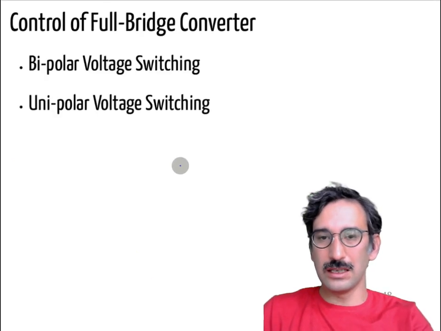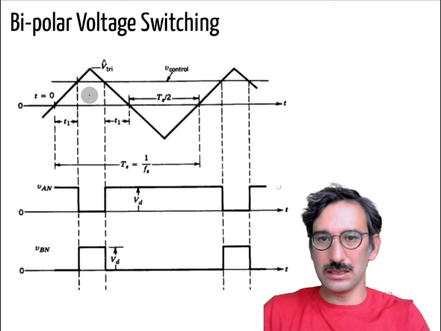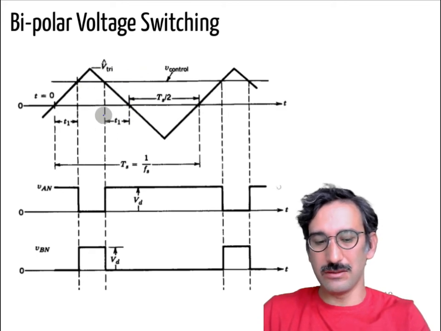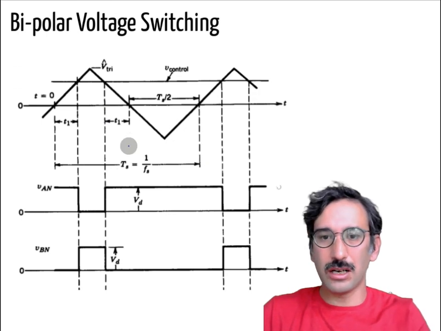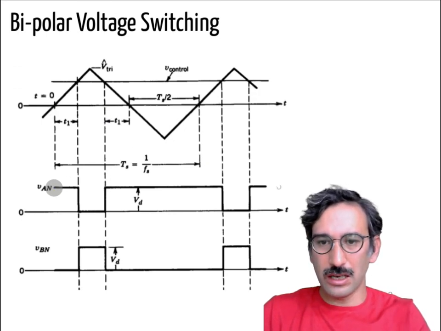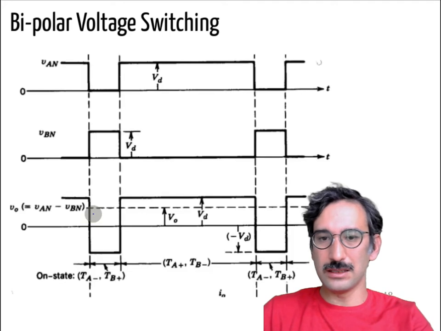So actually, if you combine those things, this is how the switching works, I will talk about the PWM, just ignore it for now. So what you can have, you have VAN voltage VD, and that one is 0. So VAB voltage is equal to VAN minus VBN. Okay, if you subtract 0 from VD, then you will have VD. If you subtract VD from 0, then you will have minus VD.